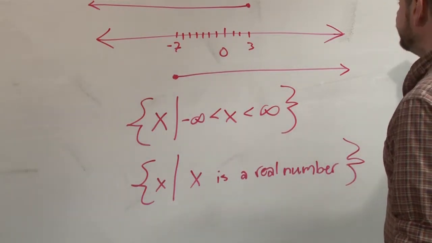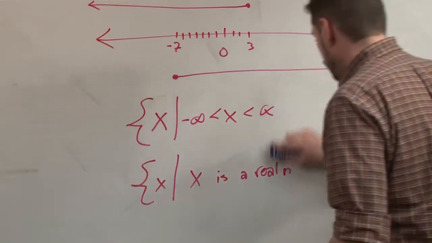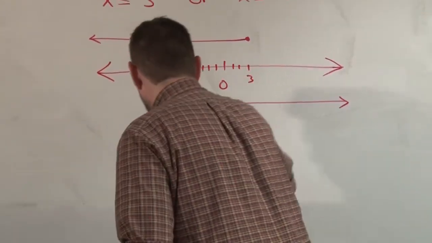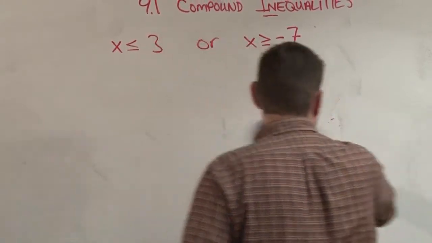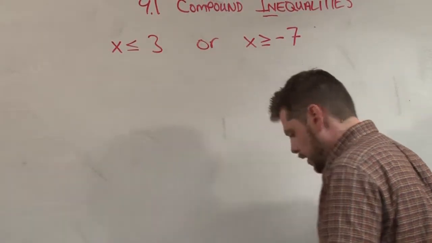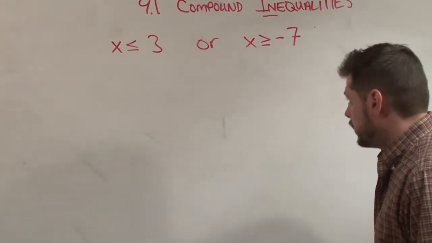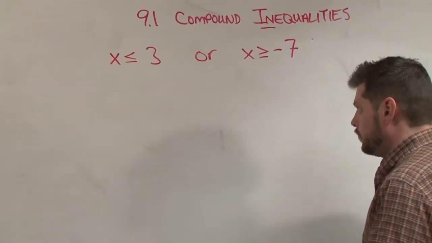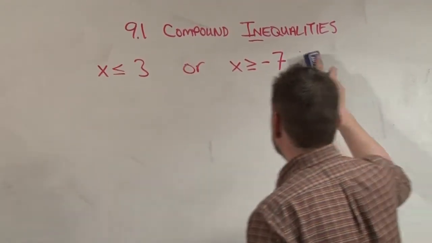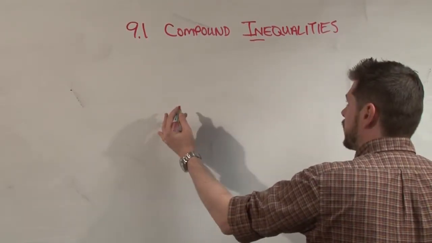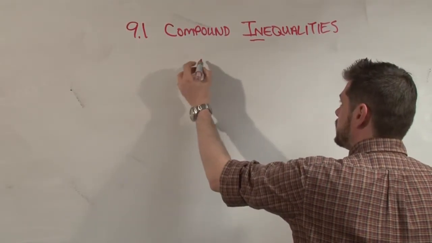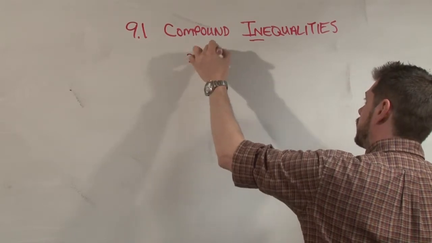All right, so let's work a little bit more with some of this compound inequality, and let's talk about set notation for a second. Because what I can do is let me work with a different example too. Now I'm going to write a compound inequality that is an AND inequality.